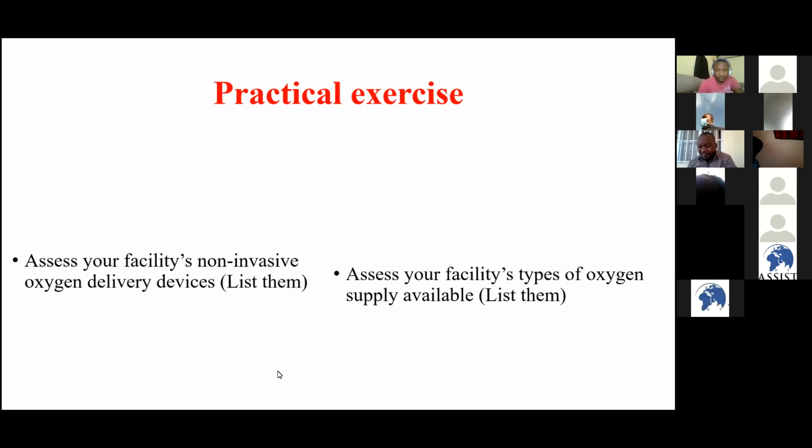Okay, that's a good question from the audience. I think it's Kanyamingo who is asking the question. If you give a mask with reservoir 7 liters, you know the reservoir has to fill in full.